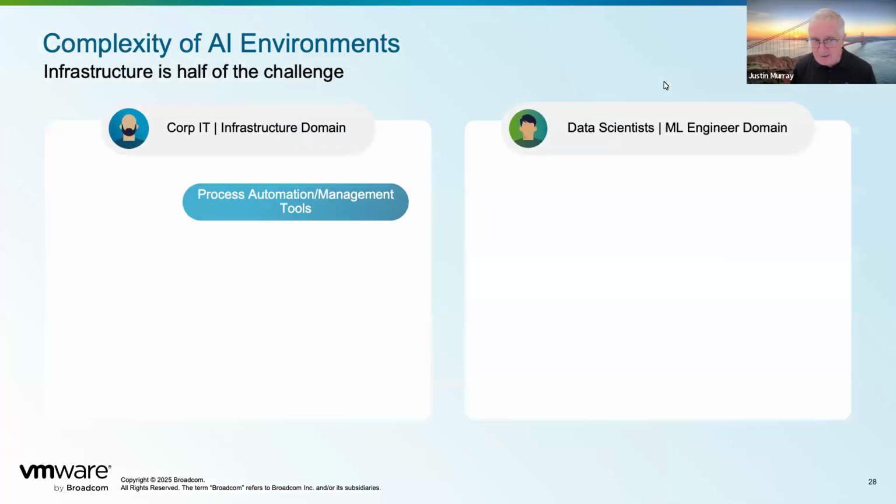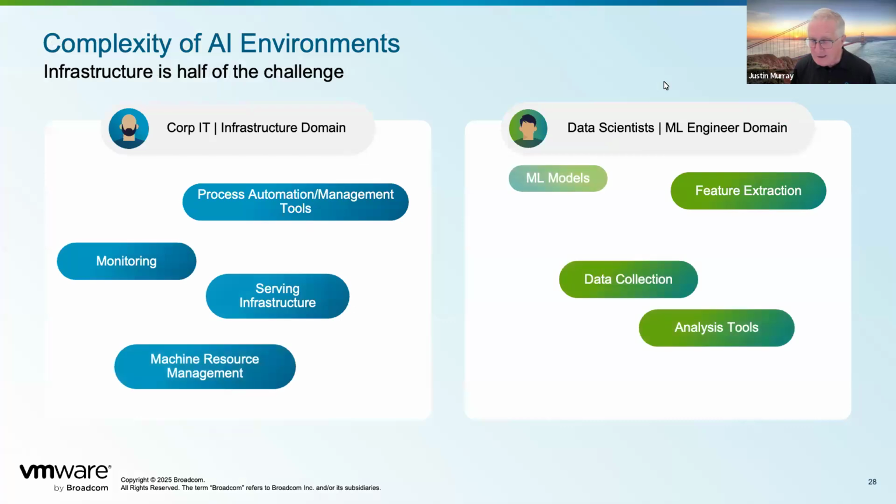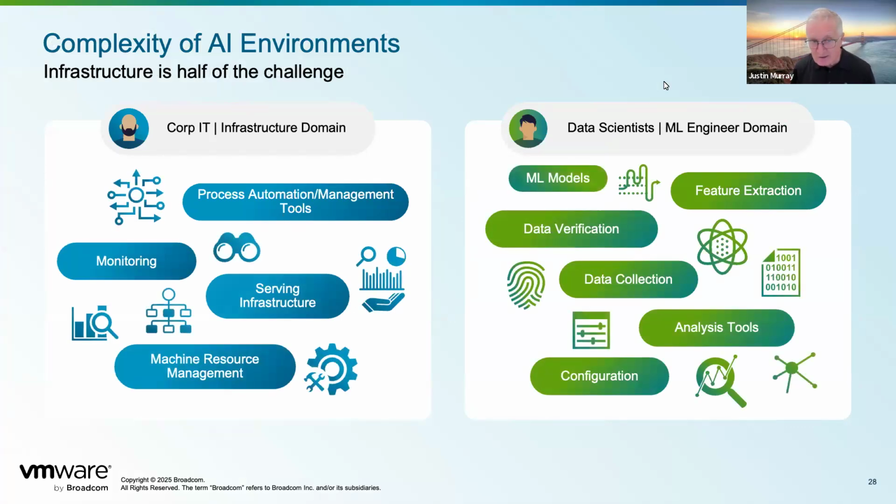That's one thing. The second thing is we want to take all of the infrastructure concerns that data scientists spend a lot of time on today on the left-hand side: process automation, monitoring, what's my server for my model, serving infrastructure, machine resource management. How busy are my GPUs? Do I have room for more applications to run against these GPUs? All of these concerns should really be managed by our IT department that has been managing VMware forever.